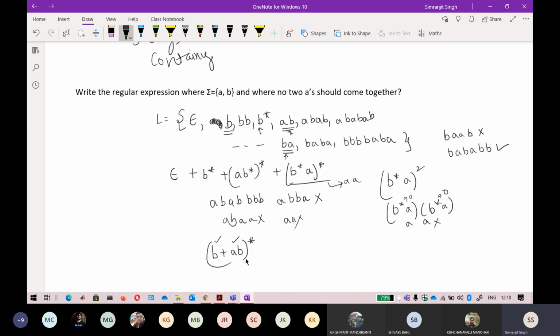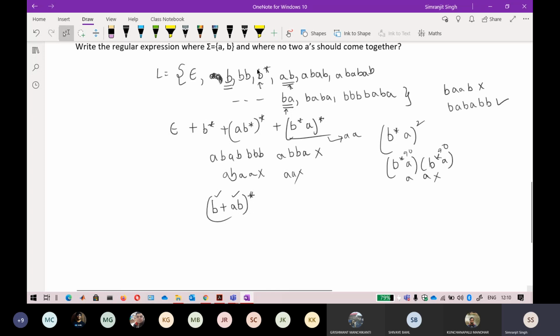But because I know that this has to be there in the expression, either this one, AB should also be in there. So I just took these two building blocks and combined them and wrote it like this.